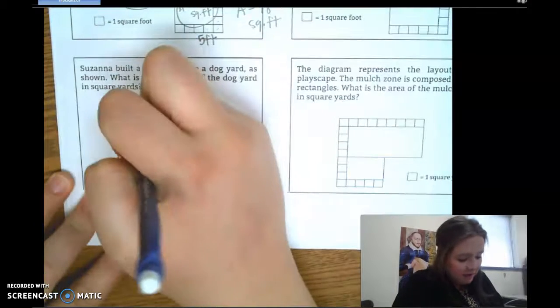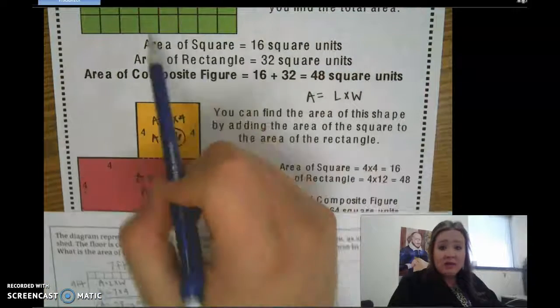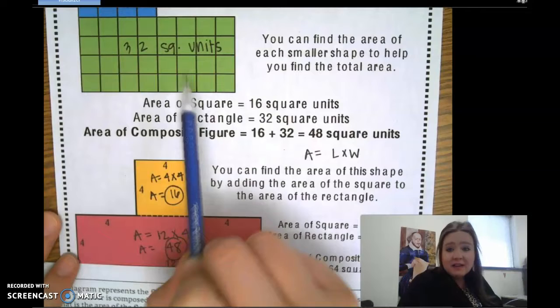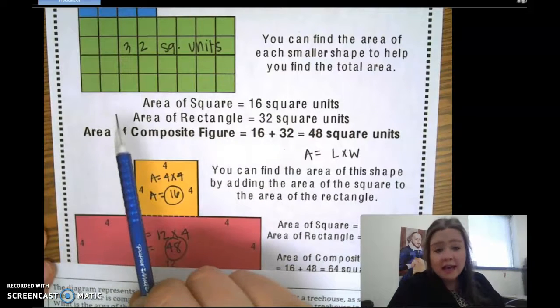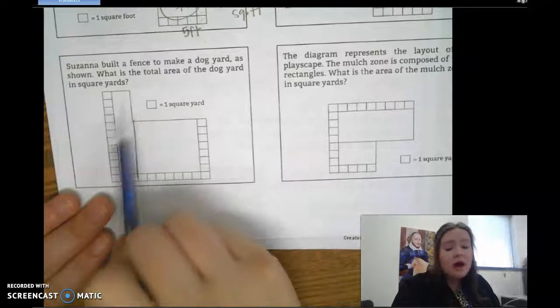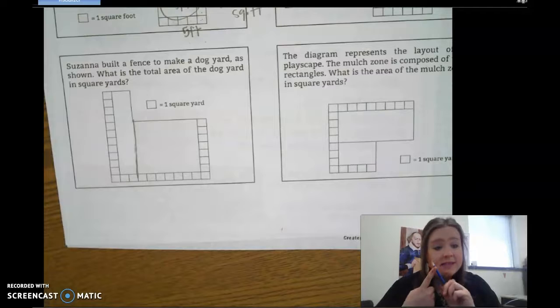If the grid is given to you completely, like it is in one of these, if it's given to you like this, go ahead and count it by all means. But if you are not given your full grid, do not draw it. We start to make mistakes.